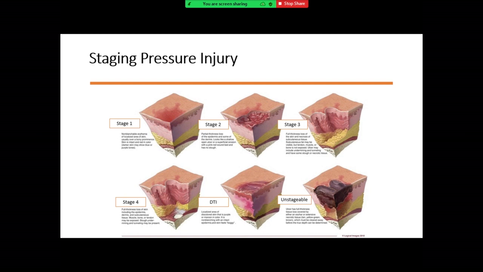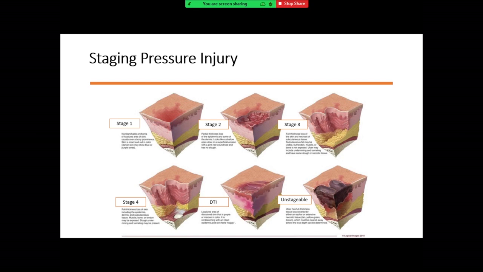something that sat on a hard surface caused that decreased blood flow. So stage 2 is the disruption of the epidermis or the dermis. It has not gone into the subcutaneous fat or the subcutaneous tissue. This is an interesting one because we can also clarify bullae, clear fluid-filled blisters, as a stage 2.